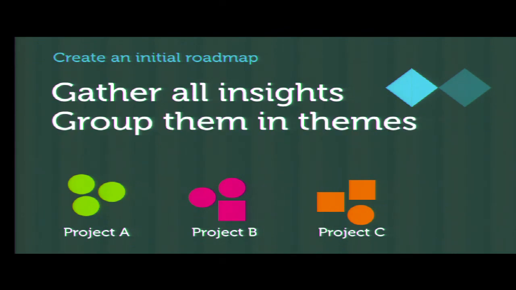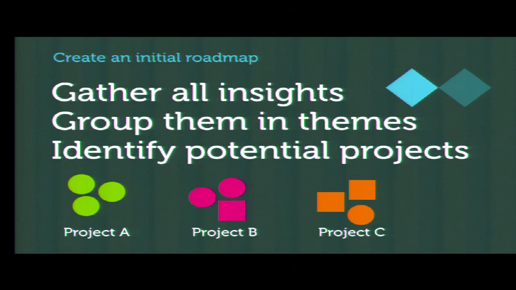Group those in themes, so just put the related stuff together. And from there you can identify potential projects. So if this group makes sense, then okay, what would be a good DrupalCon project? Yeah, we're seeing that lots of people are failing because there's no on-ramp, because we don't provide them with a guiding hand in getting the first steps.